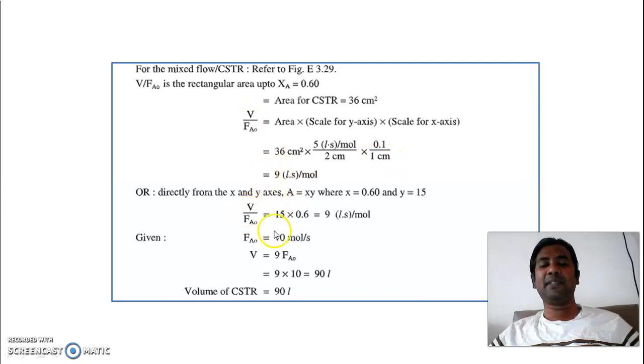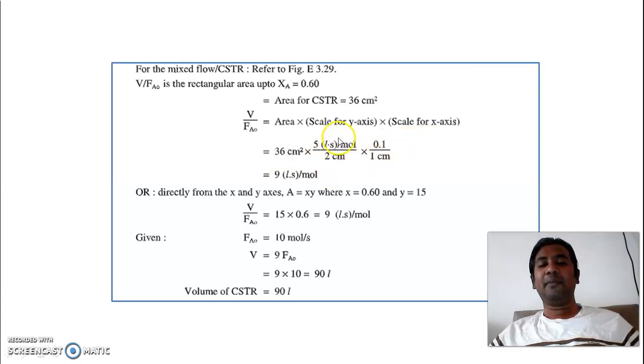So V upon Fa0 we have got is 9, right? This 9 will be multiplied by Fa0 and you will finally get the volume of CSTR. So V upon Fa0 is the area under the rectangle into scale on x-axis into scale on y-axis. This will give 36 into 5 by 2 into 0.1 by 1.